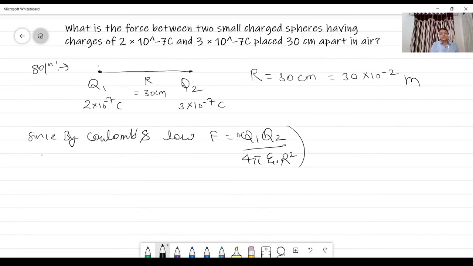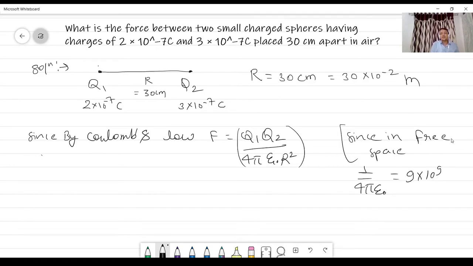Here it is very important to know that in free space 1 upon 4 pi epsilon naught is given by 9 into 10 raised to power 9. How this value comes I had discussed in my last video. If you want, you can watch my last video also.